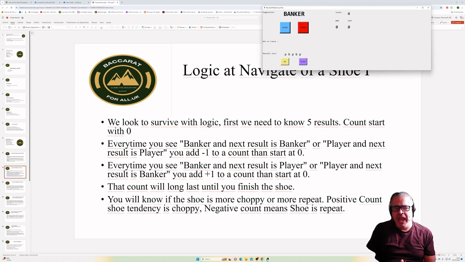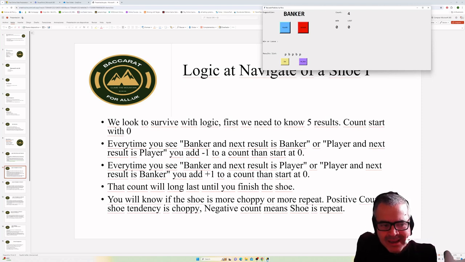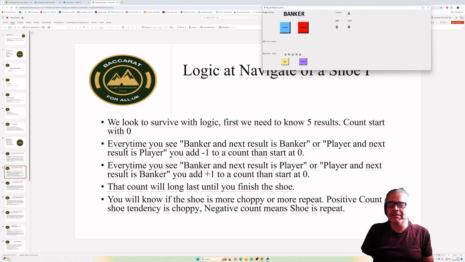Every time a different result comes, where the first result is different from the second result, there is a count, and the count is +1. And if the result is the same as the result before, it subtracts one, it will be -1.